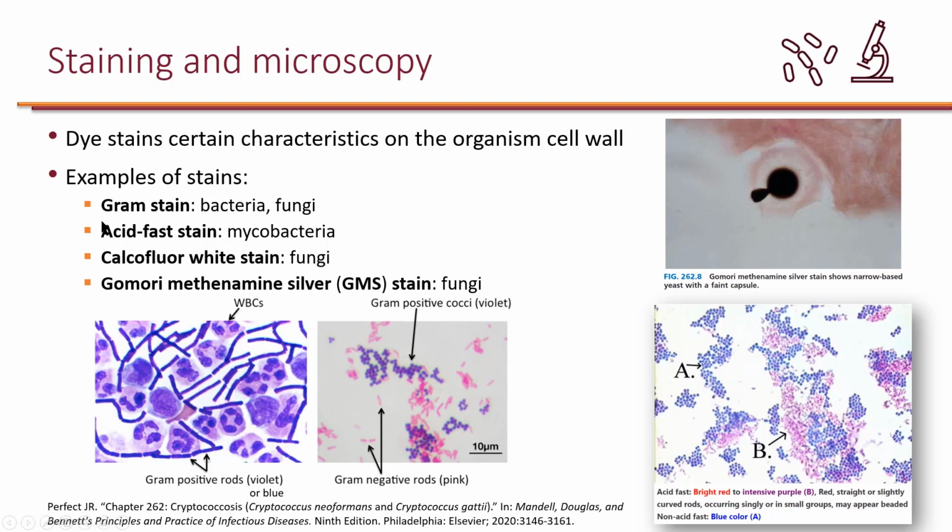As I mentioned, the Gram stain is the most commonly used technique, and this technique can stain bacteria, but also some fungi species can get stained. Certain bacteria, most importantly Mycobacteria, do not get stained using Gram stain, so acid-fast is what we use. And then there are specific techniques that are used when it comes to different types of fungal species.